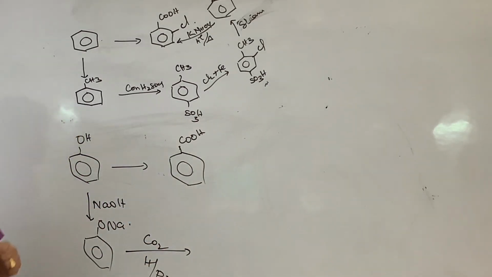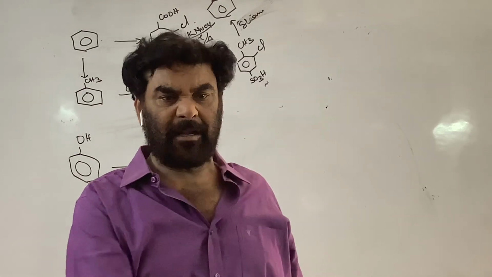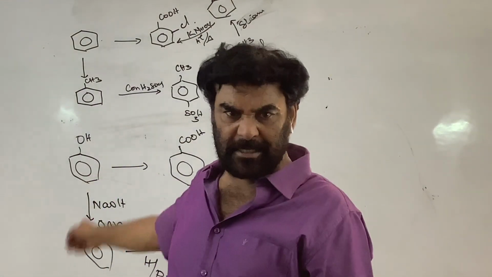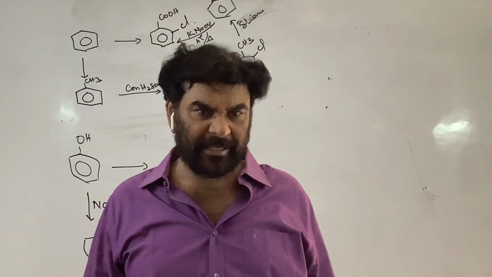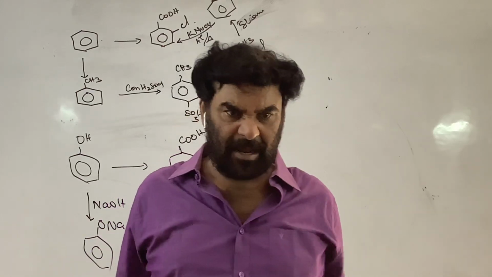We know the principle: the sodium salt of phenol is heated with carbon dioxide under high pressure conditions, and the COOH group is introduced at the ortho position, whereas the potassium salt of phenol is treated with carbon dioxide, and the COOH group is introduced at the para position.